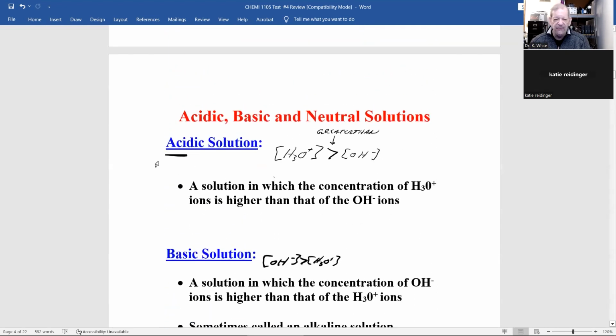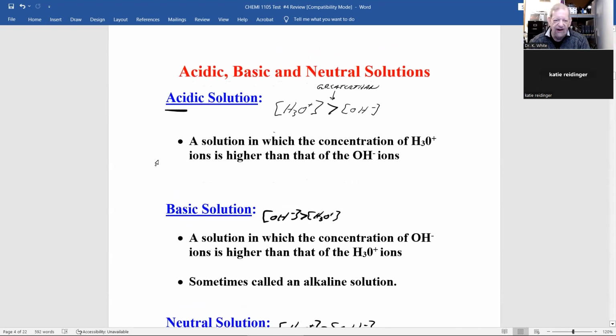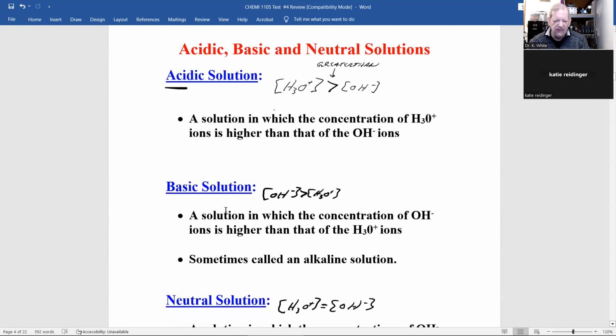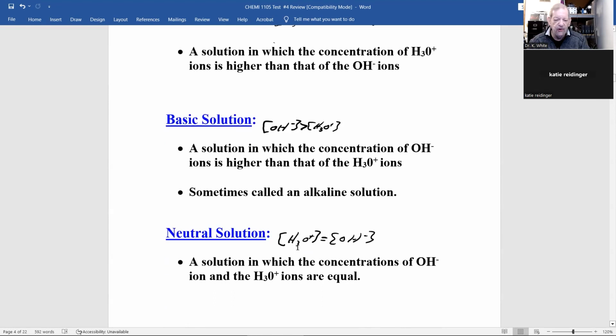If you look it up, you can find that the liquid in your stomach is acidic, because the hydronium ion concentration is greater than the hydroxide, also because it contains hydrochloric acid. So acidic, hydronium greater than hydroxide; basic, hydroxide greater than hydronium; and neutral, hydronium equal to hydroxide.